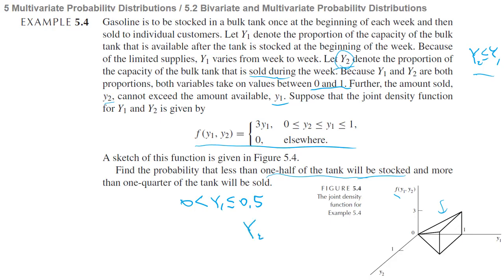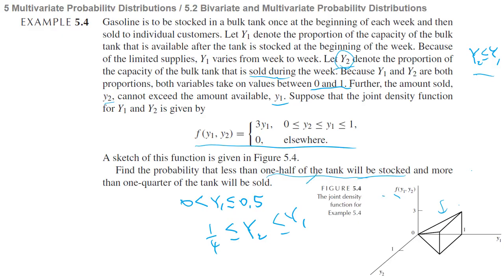So Y2 is greater than or equal to 1 over 4, and this shouldn't exceed Y1. Anyway, Y2 is greater than or equal to 1 over 4 and less than Y1. So we want to find the probability of this.